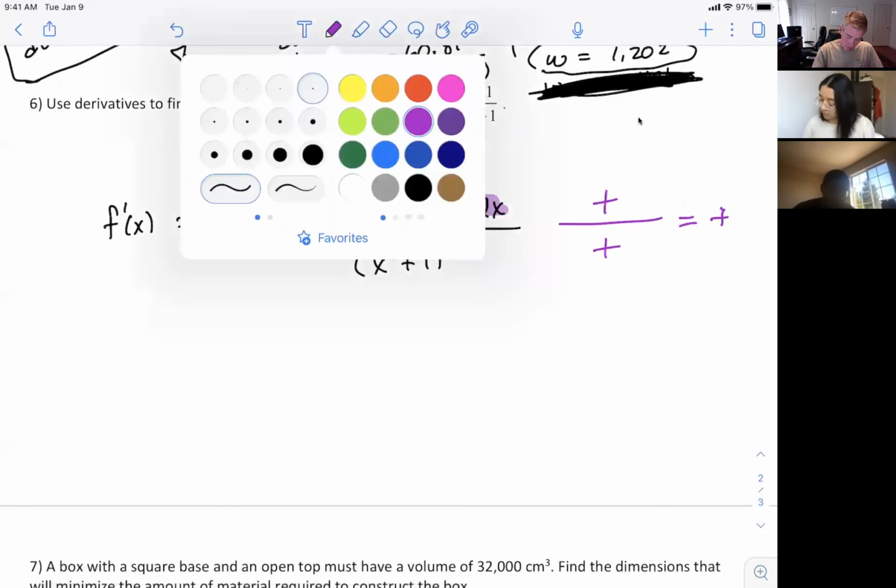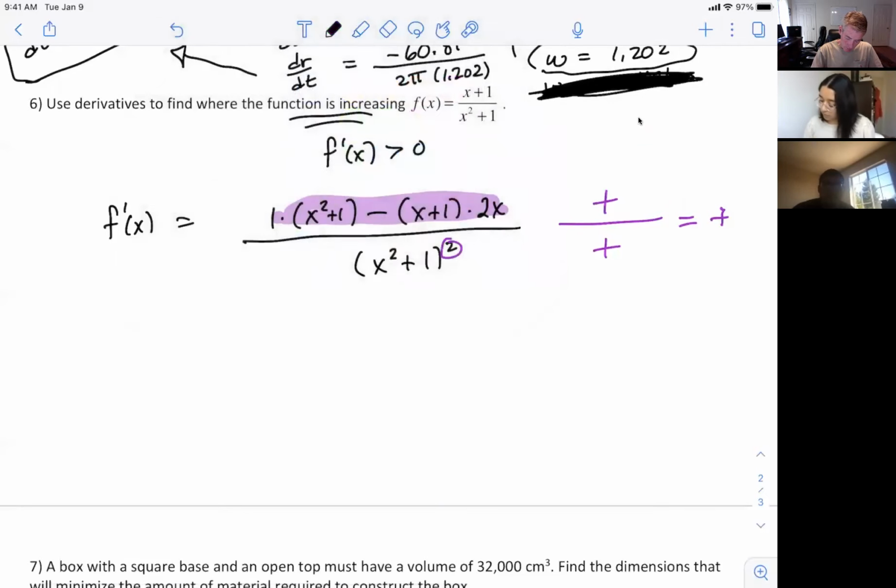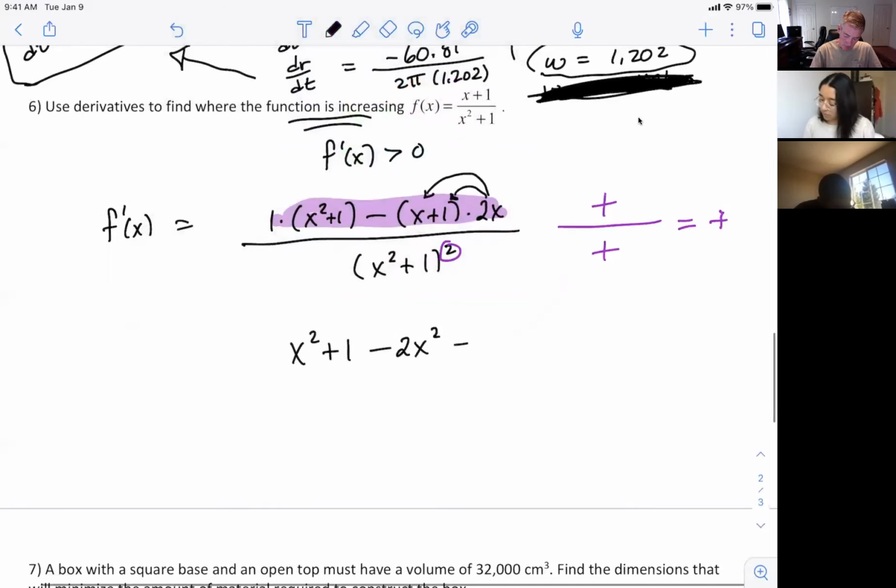So let's see, the top part has an x squared plus 1 times 1, and then distribute. So this is going to be 2x squared, but with a minus sign, so minus 2x squared. And then this part would be 2x, but also with a minus sign, so minus 2x.